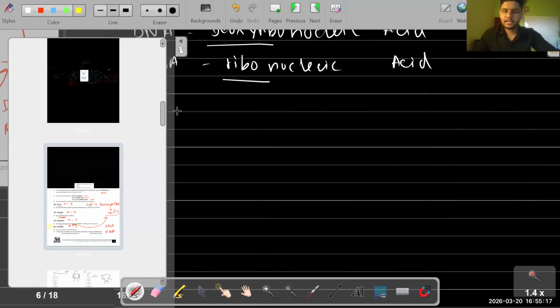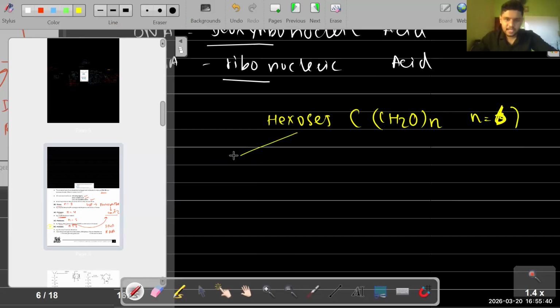Right? So here, hexoses means (CH2O)n, where the n value is 6. If the n value is 6, those sugars are called hexoses. Right? These hexoses can be divided into two.